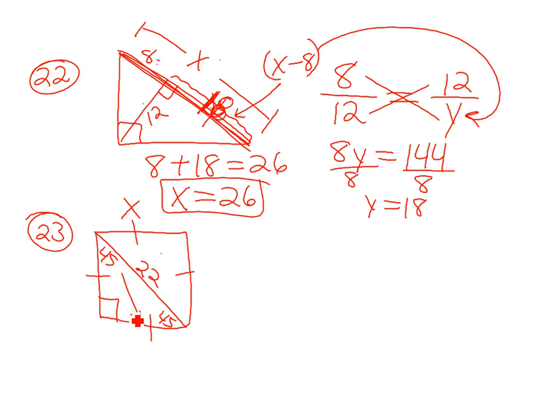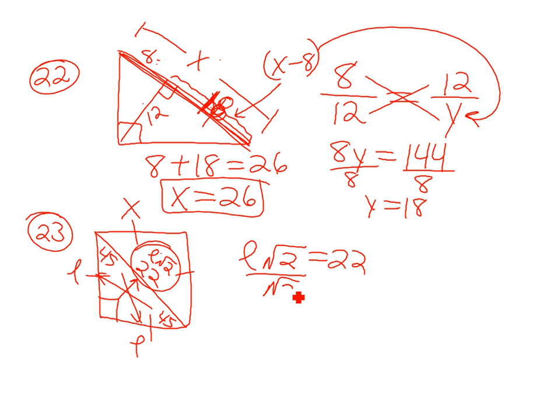Sides across from the 45-degree angle should be labeled L. Side across from the right angle is L times the square root of 2. We know that side, so L times the square root of 2 has to equal 22. Divide both sides by the square root of 2 to get L by itself. Means L equals, you grab your calculator, 22 divided by square root of 2.